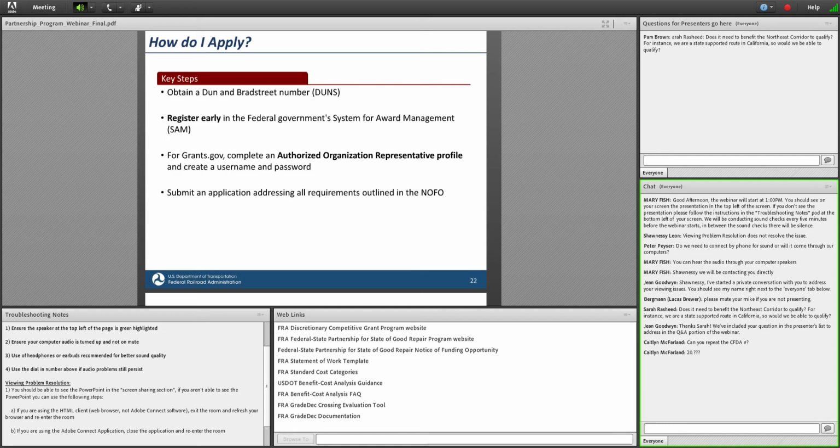So be sure you give yourselves plenty of time to register in these systems. Sometimes it can take 2 weeks or even more for that registration. So definitely start early. Do not wait till the last minute to register in those systems.